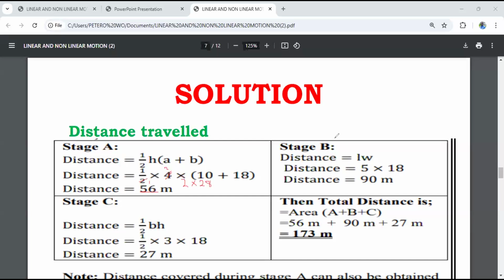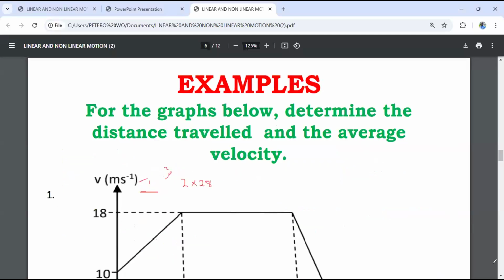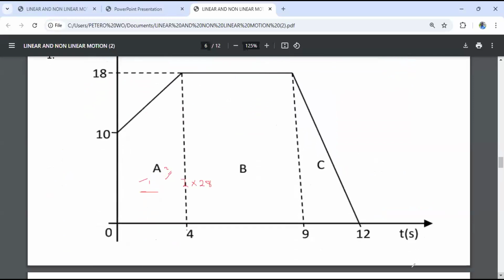Then B, where we had the uniform velocity of 18, but the time it took us is 5 seconds. Why do we say 5 seconds? We say 5 seconds because when you look at what we are having there, it comes from 4 to 9.